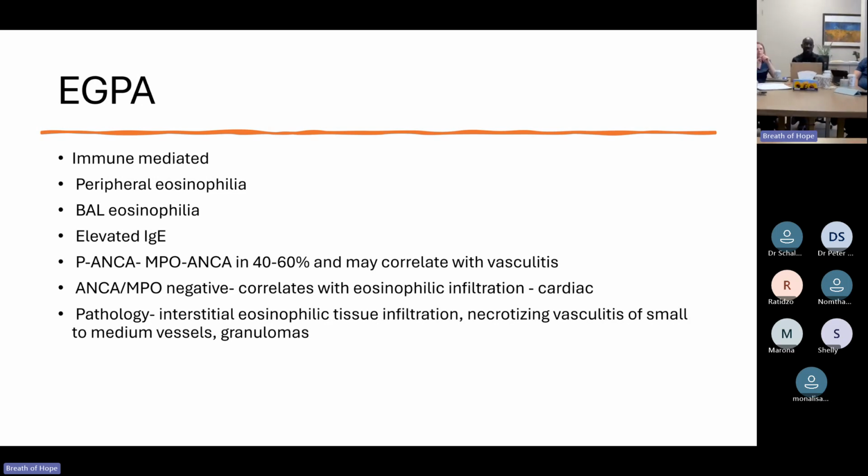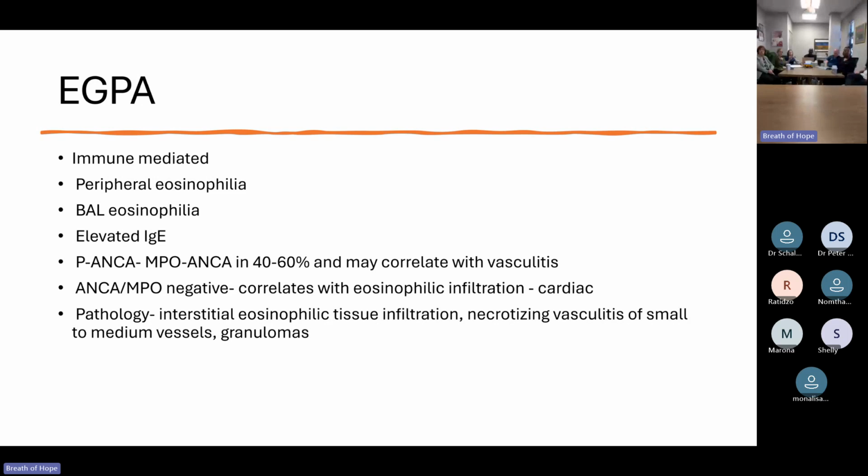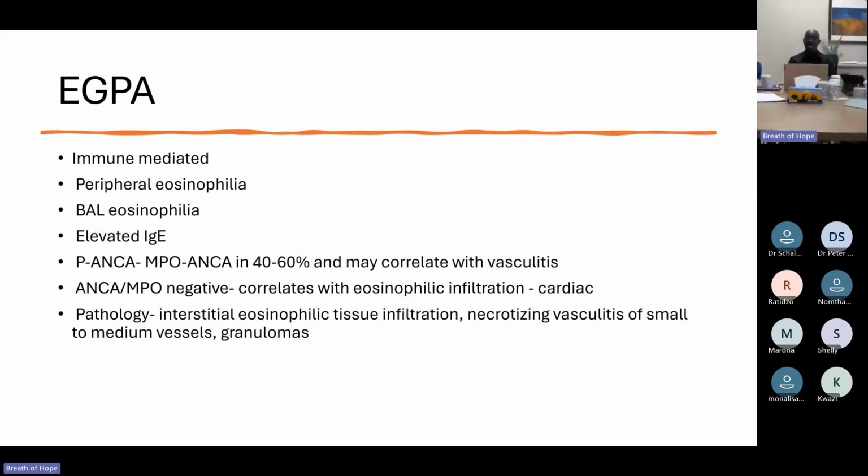Pathology, most of these patients might need lung biopsies, and then you see interstitial eosinophilic tissue infiltrates with necrotizing vasculitis of small to medium vessels, granulomatosis. So it's really part of ANCA-associated vasculitis.